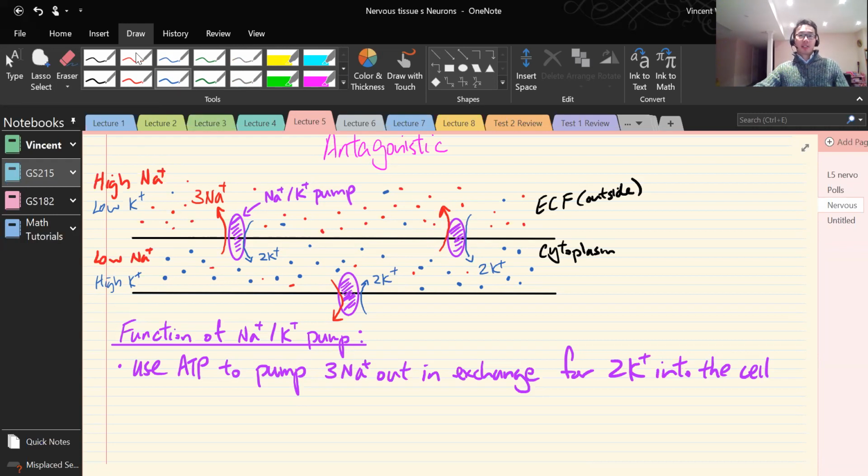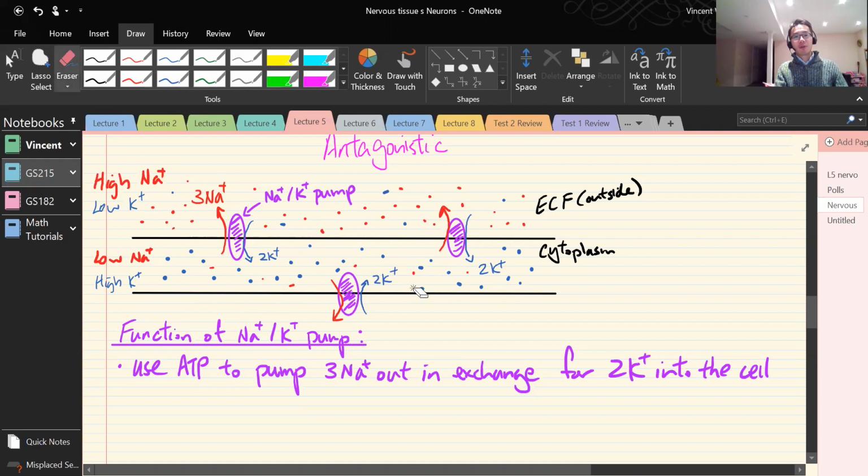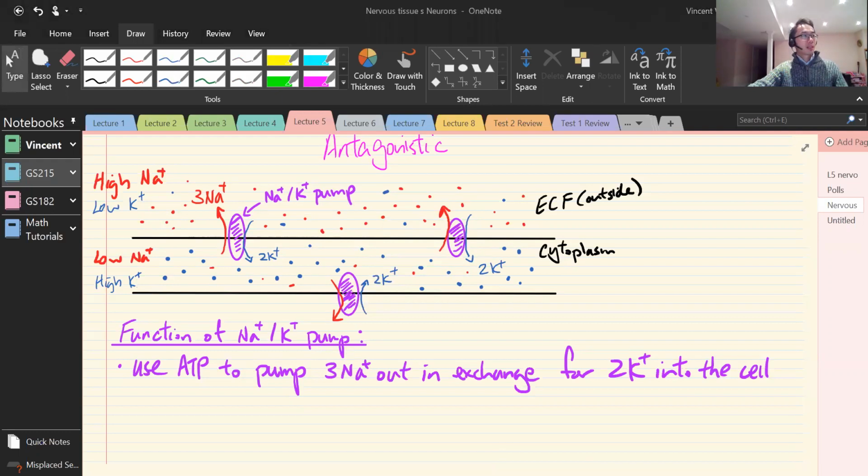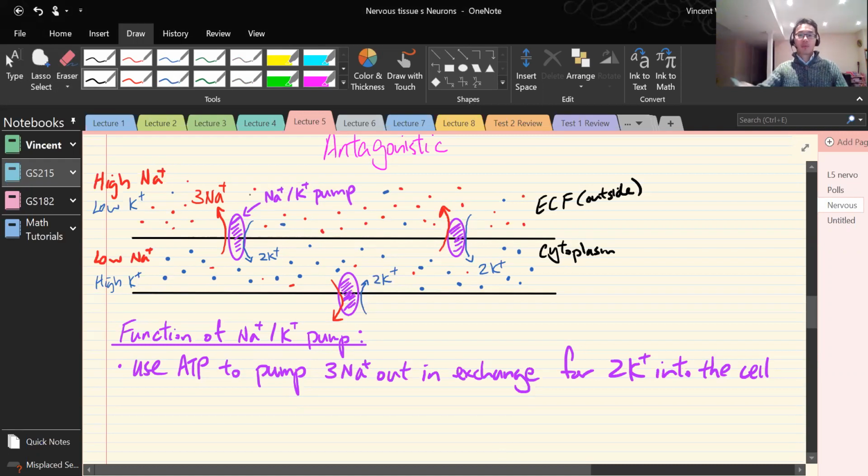If you don't have questions, then I have a question for you. After this goes on for a while, is the outside more negative or is the inside more negative? Let's do a poll and see. After you let the sodium potassium pump run for a while, is the outside more negative, or is the inside more negative?